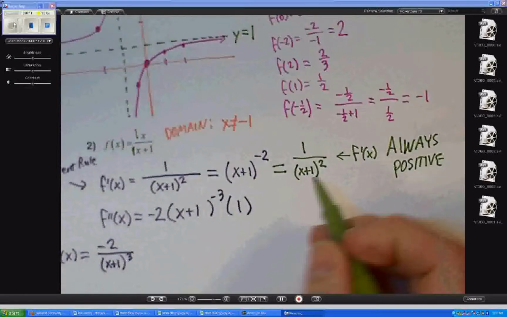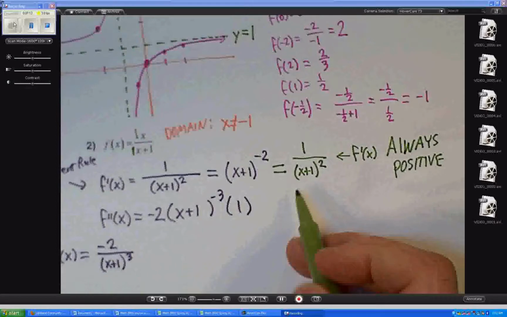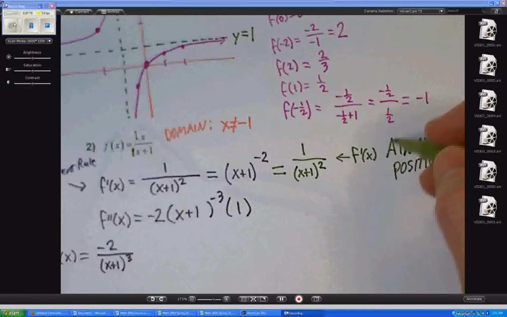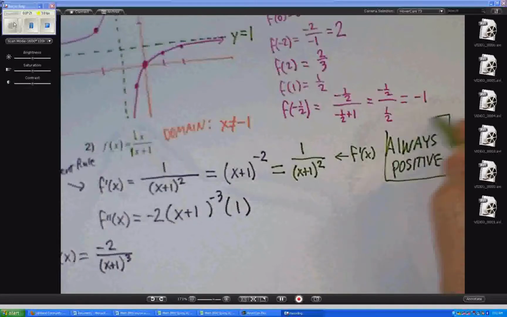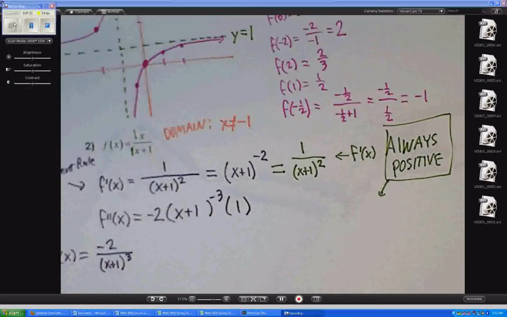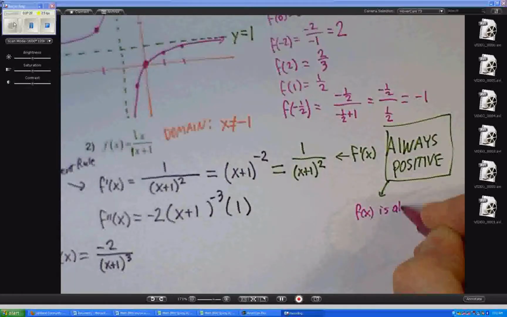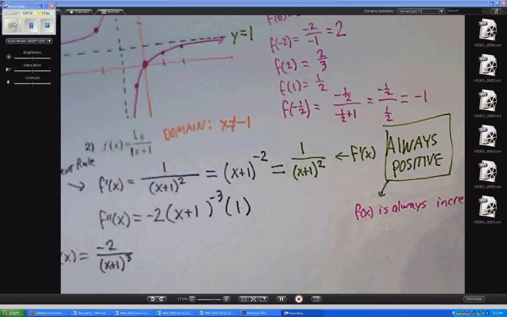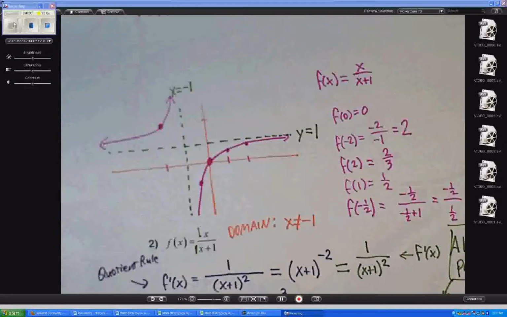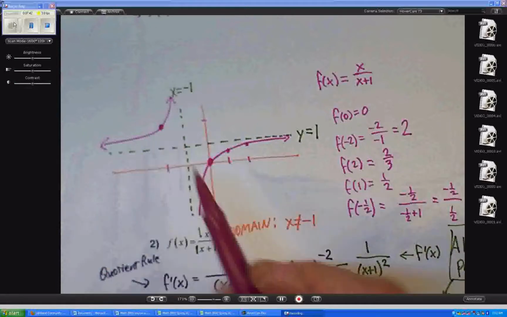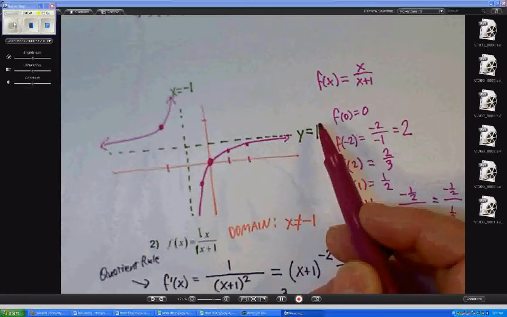But remember, -1 is not even part of the function. If it's always positive, what does that tell me about f of x? F of x is always increasing. And you can see that on our graph. I don't care which part you're talking about. As I drive from left to right, I am always increasing. Always increasing. You guys see that? That's kind of neat to see.